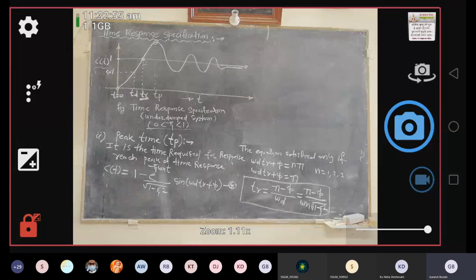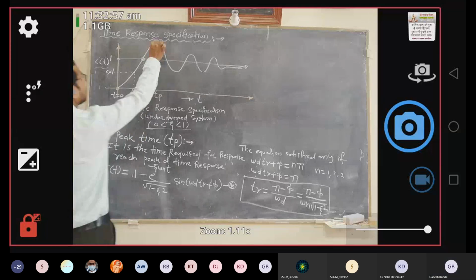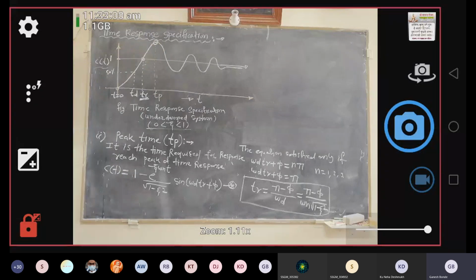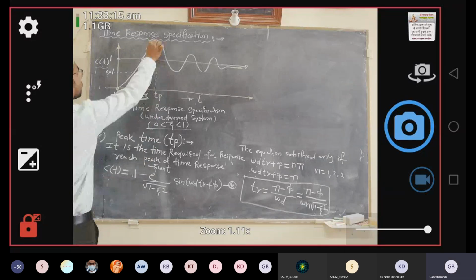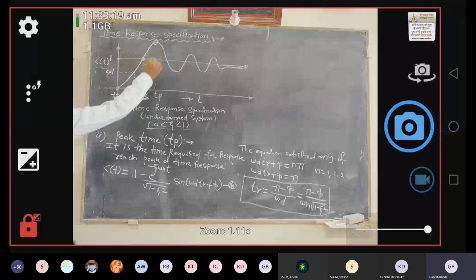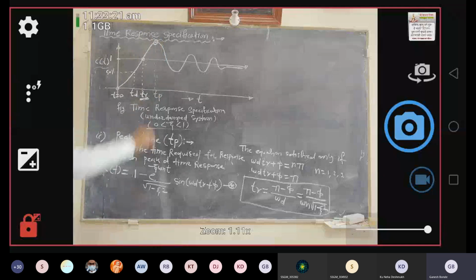What do we have to do? What is the value of slope corresponding to this point? Yes, anybody? At T is equal to TP, this point you have got in the time response, so what is the value of slope at this point?